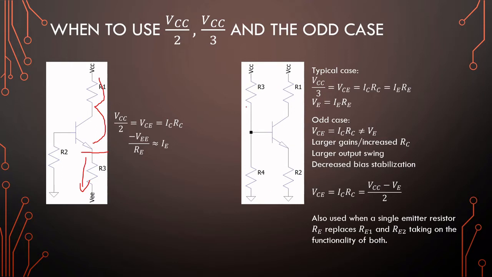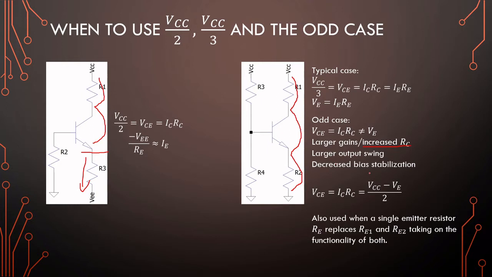And when we have the split like this, the natural thing to do is to select all three of those the same, except in the case where a larger gain or increased RC is required, or a larger output swing is required.